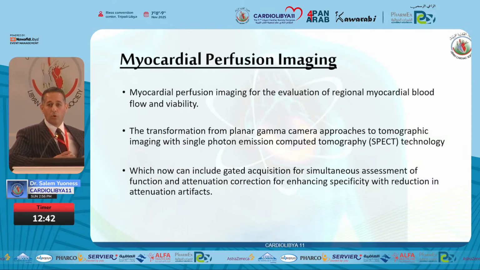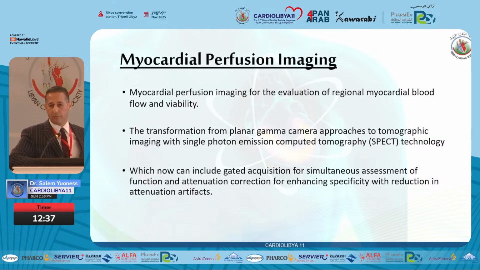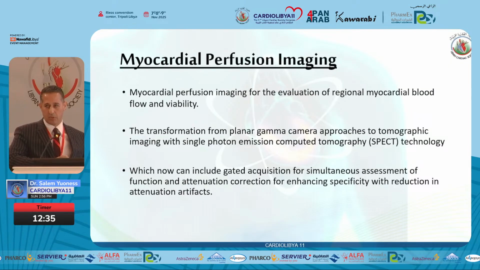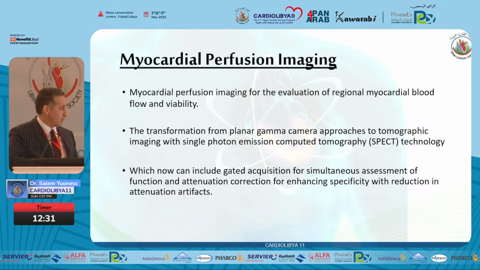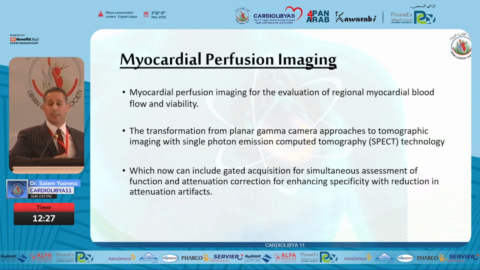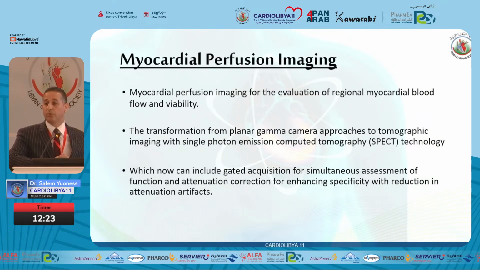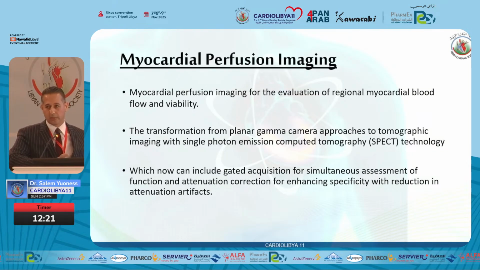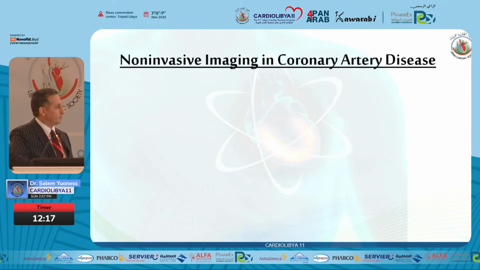The tracer goes through the blood vessels to your coronaries, and if there's any significant stenosis, it will show up on the images. That's why it's called functional imaging and not only anatomical imaging. With the new advances of gated images, we added to SPECT. With SPECT, you can measure the EF, see the contractility of the heart, and do gated images, which adds to the overall accuracy of the test.